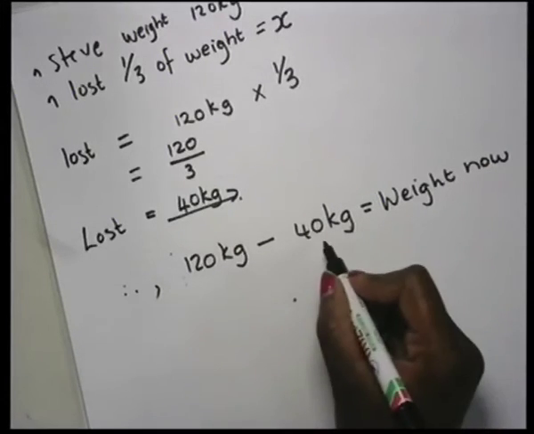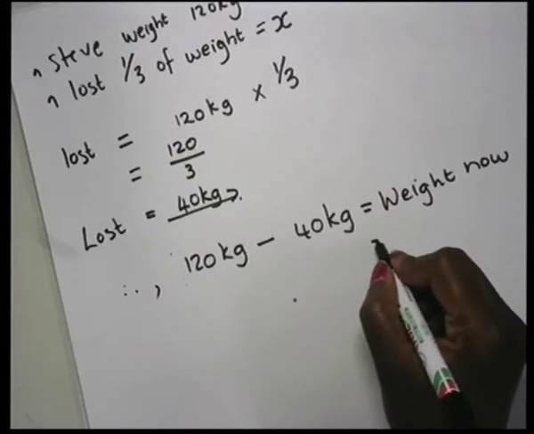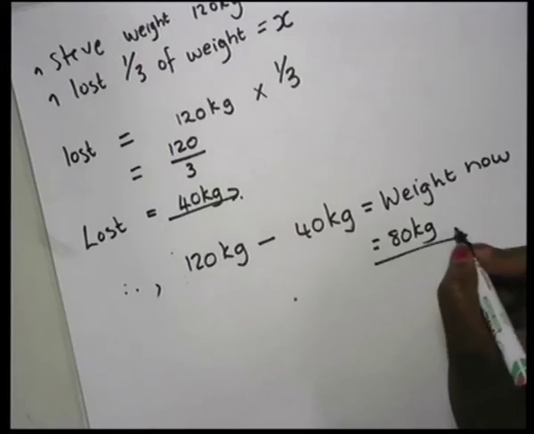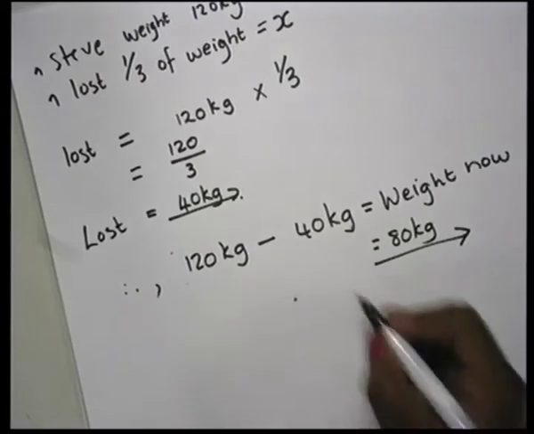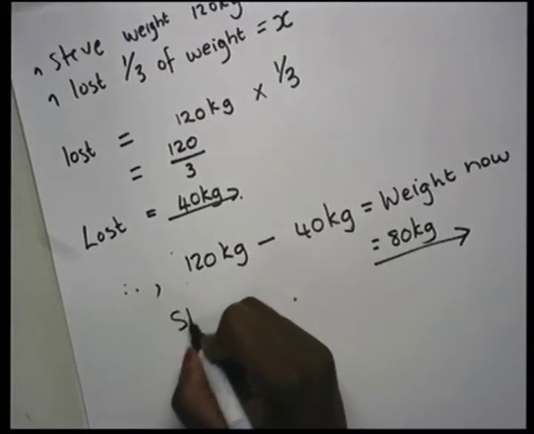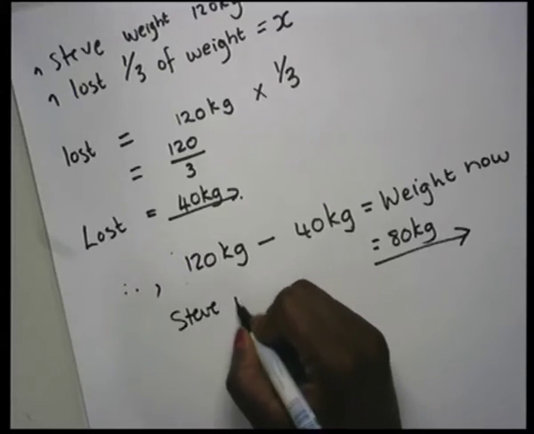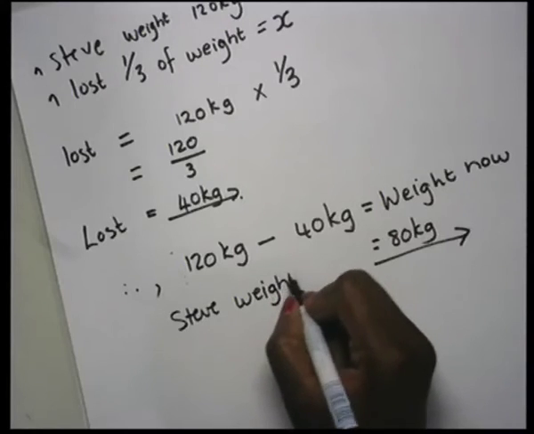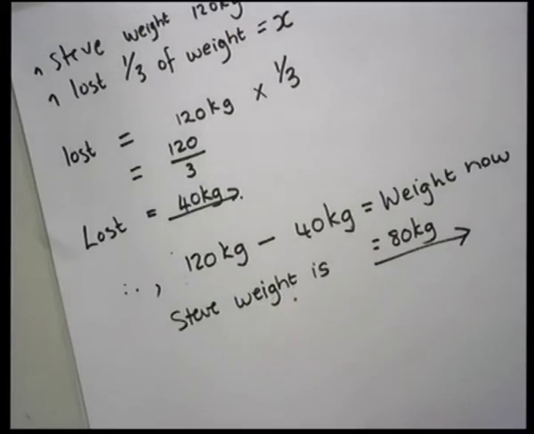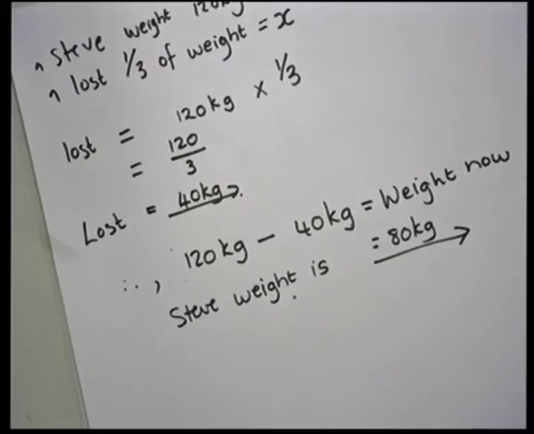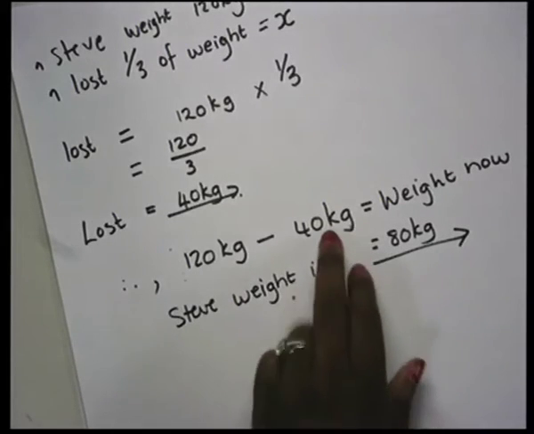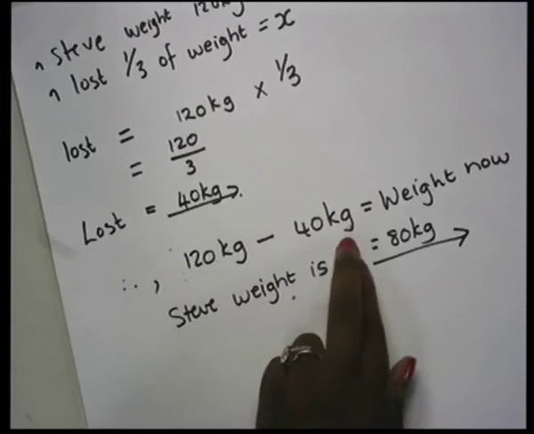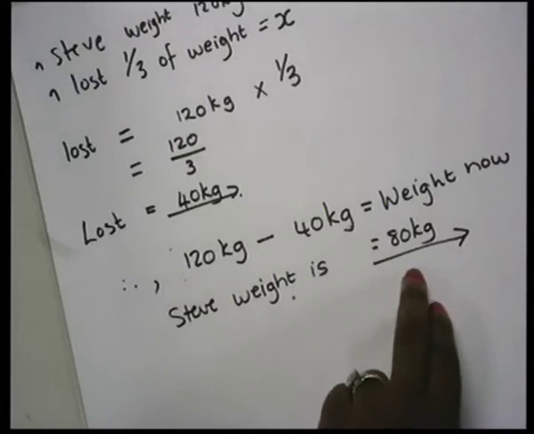So 120 less 40 is equal to 80 kilograms. Steve therefore weighs 80 kilograms, because he's already lost 40. Initially, he weighed 120. So if you take 120 less 40, now we know that he weighs 80 kilograms.